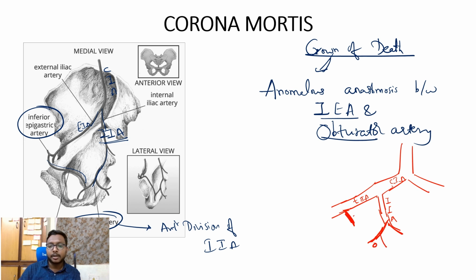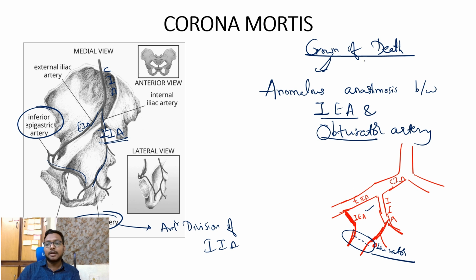O for obturator artery, I for inferior epigastric artery. So there is an anomalous connection between them. This is the anomalous connection between inferior epigastric artery and obturator artery.